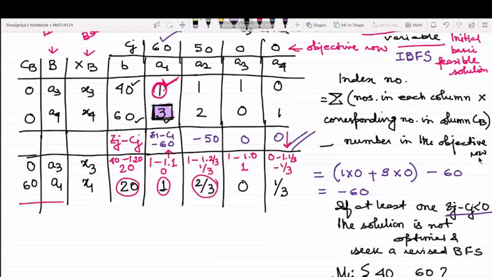So now, once we have the revised values with us, we again would be calculating the index number for the columns. Tell me the revised index number.